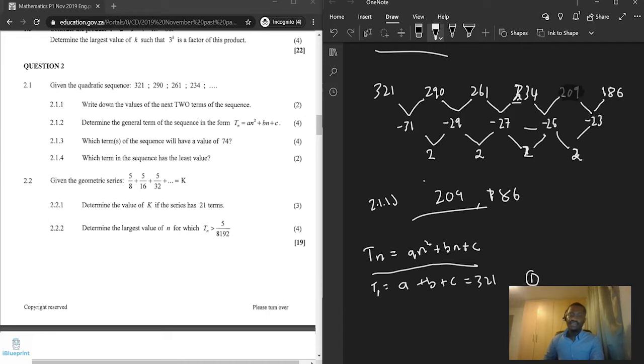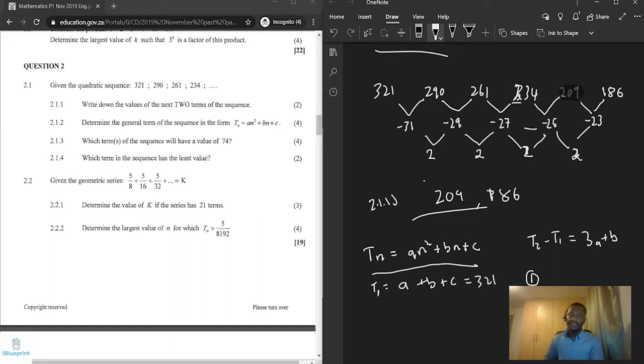Secondly, if you take T2 minus T1, substituting 2 and then 1, you're going to find that the first difference is 3a plus b. You can test that out for yourself.